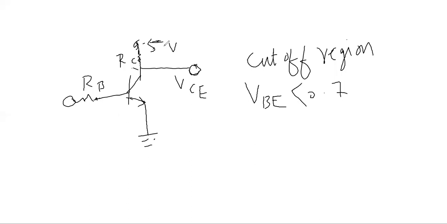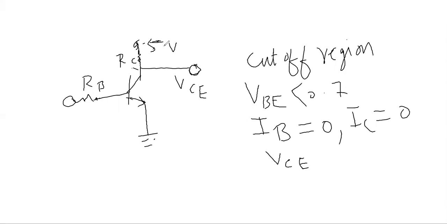So IB will be equal to 0. If IB is equal to 0, then IC will also be equal to 0. And the output voltage at this VCE will be, because IC is 0, therefore there will be no voltage drop across RC.